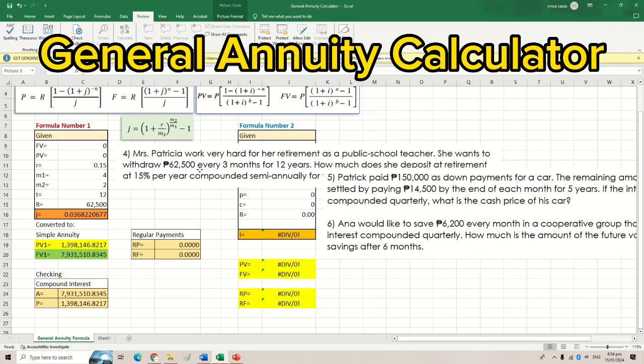Now let's check the consistency of this formula. Say we want to know if this is really correct. If you look at it, this is the compound interest formula, and if you notice, this is the amount and this is the principal.